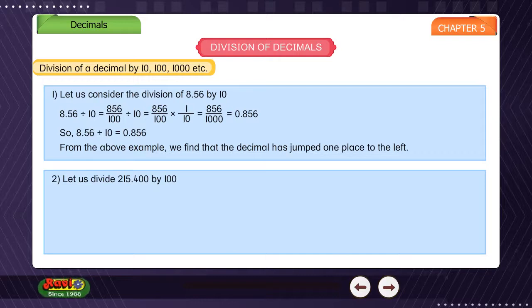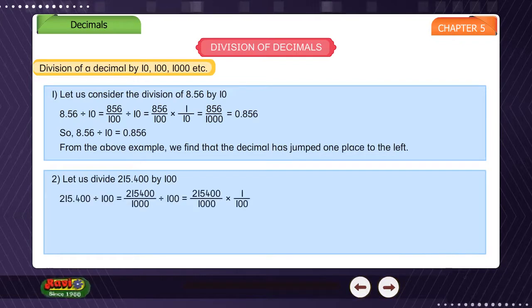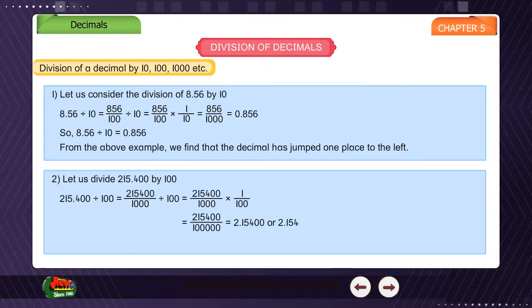2. Let us divide 215.400 by 100. 215.400 divided by 100 is equal to 2,15,400 by 1000 divided by 100, which is equal to 2,15,400 by 1000 into 1 by 100, which is equal to 2,15,400 by 1 lakh, which is equal to 2.15400 or 2.154.